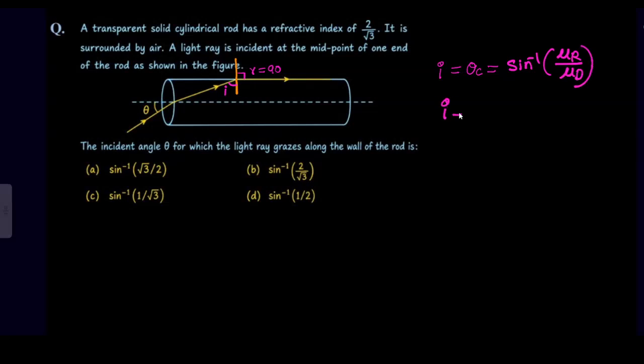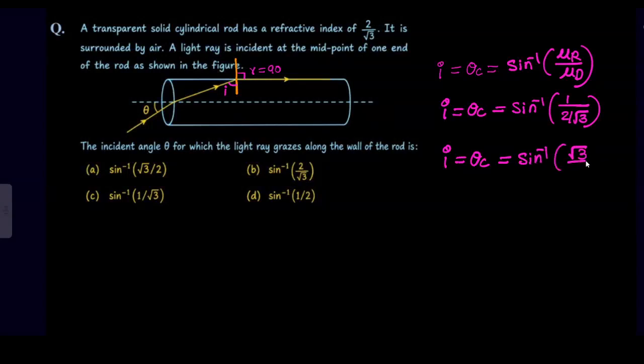So I is equal to theta c, which is sine inverse of mu r, which is 1, by mu d, which is 2 by root 3. So I is equal to theta c, which is sine inverse of root 3 by 2. Then how much is this angle? It is equal to 60 degrees.